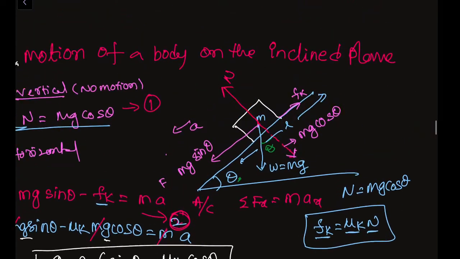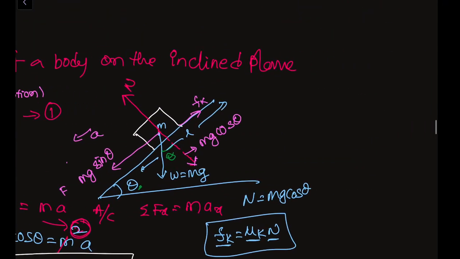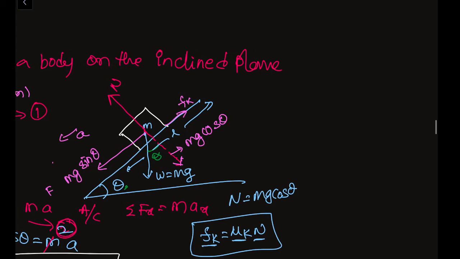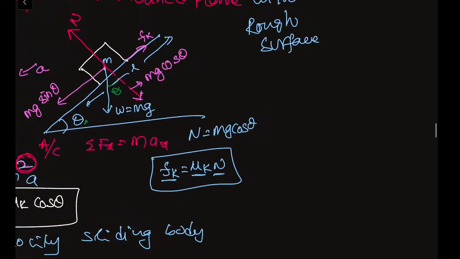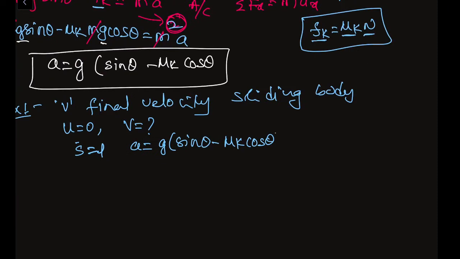So this is the motion of a body on an inclined plane with a rough surface. For a rough surface, friction can exist. Now we use the formula v square minus u square is equal to 2as.